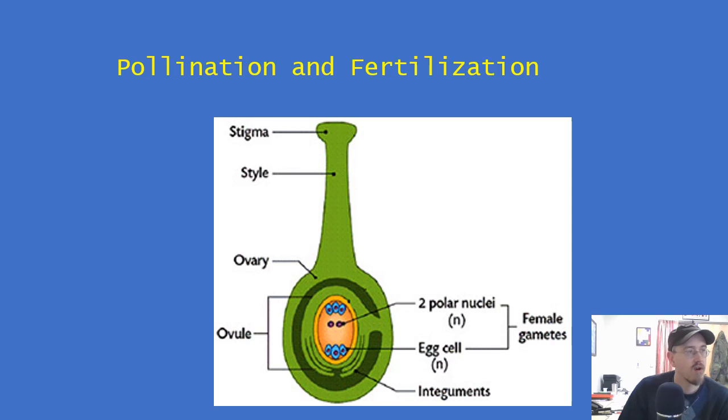So just to remind you, and to learn for the first time, students get confused between pollination and fertilization, okay? Pollination, by definition, and I'm talking flowering plants here, is when pollen lands on the stigma.